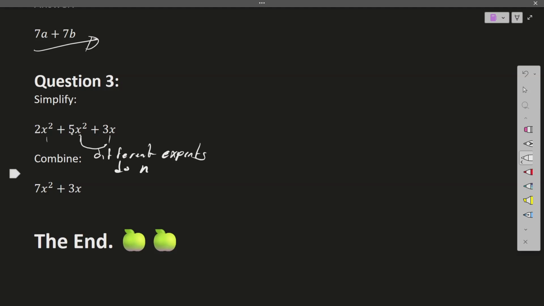So they do not add. Do not add different exponents.